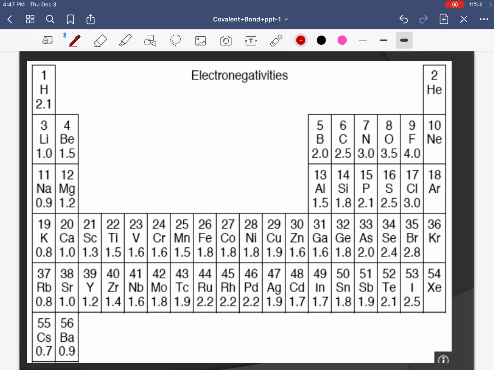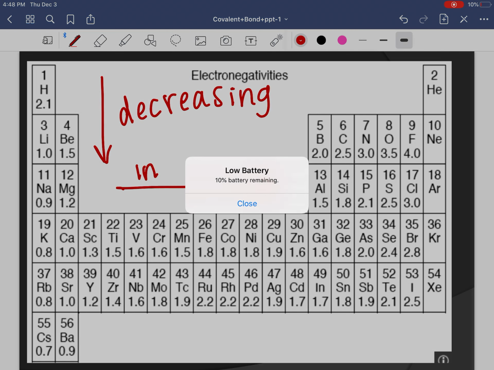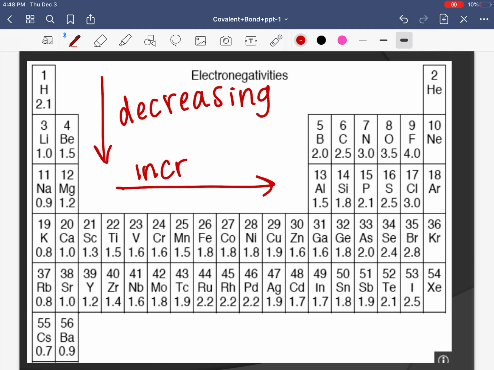This is the electronegativity of our elements on the periodic table. Hopefully you remember the trend: as you go down the table, it is decreasing, and as you go across the table, it is increasing.